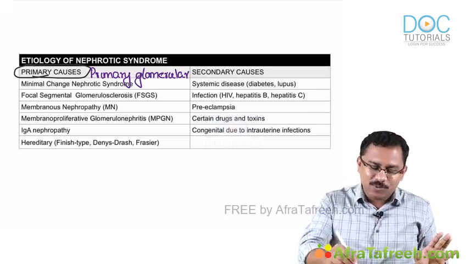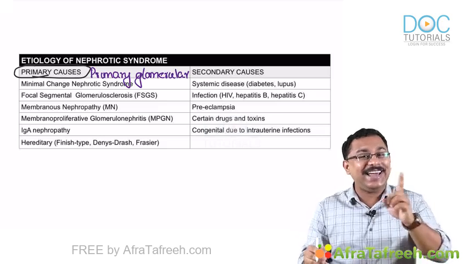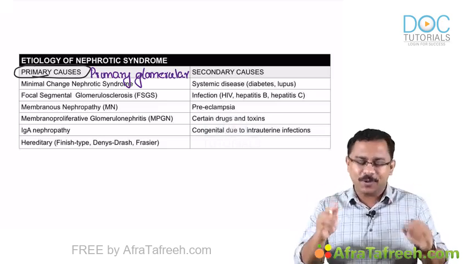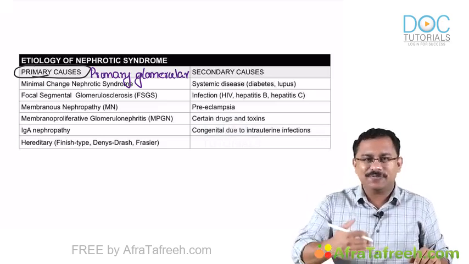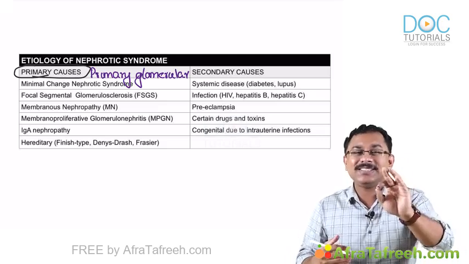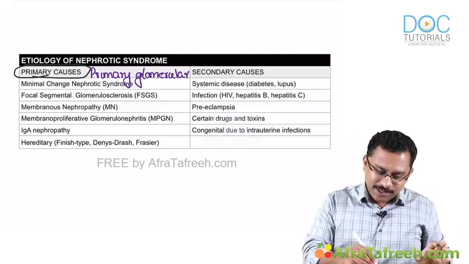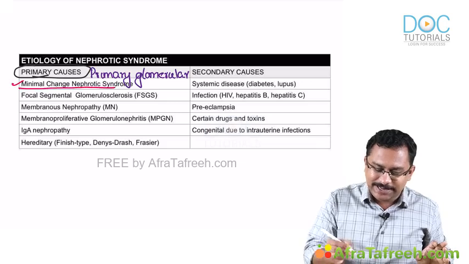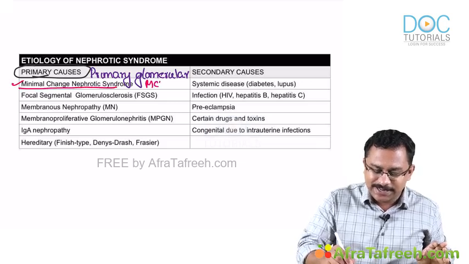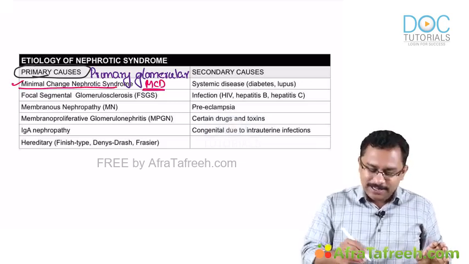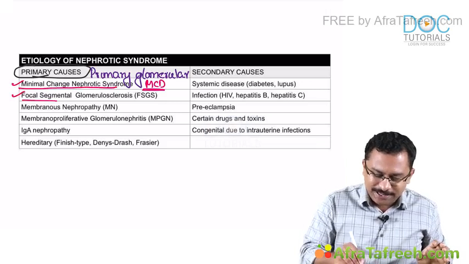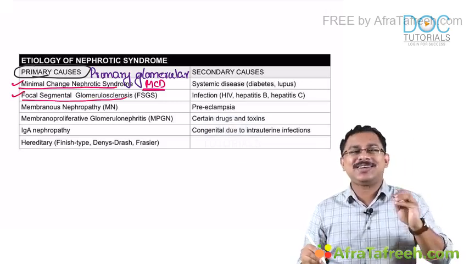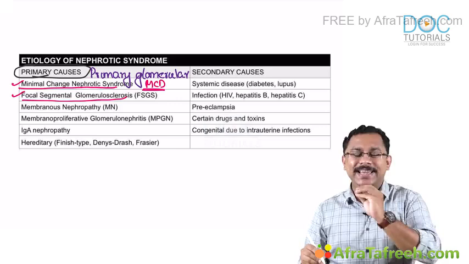So let us see what are the glomerular disorders that are likely to present with a nephrotic syndrome. Remember, out of this list, the first three are most important. First one is minimal change disease, MCD, very important. Second one is focal segmental glomerulosclerosis, FSGS.